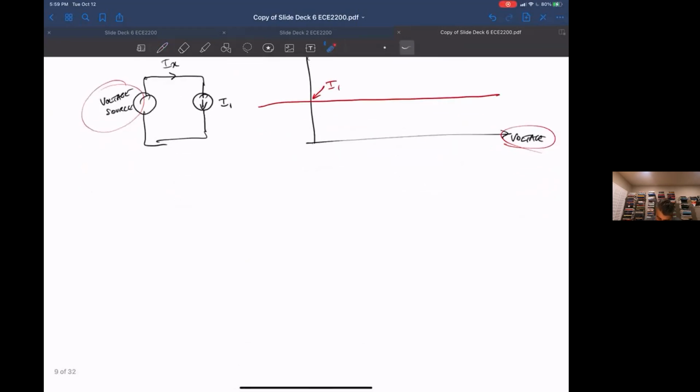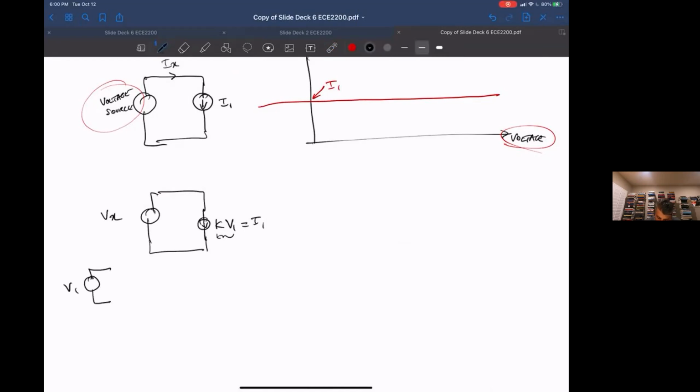A voltage controlled current source: the current here is K V1. Then I'm going to put a voltage source across it, which I'll call V sub X. And there's another voltage source, V sub 1, sitting somewhere else.